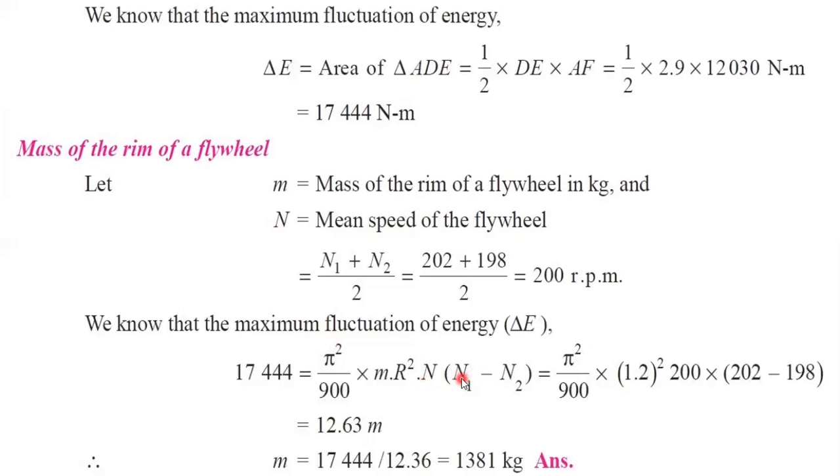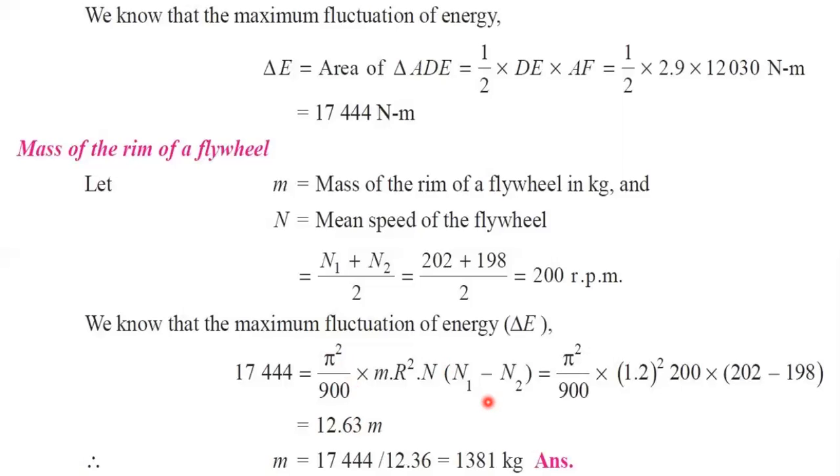Omega square is there. Try to take the N square outside. And here Cs value is nothing but N1 minus N2 divided by N. Cs we can write as N1 minus N2 divided by N into 2. Automatically this 2 and that 2 will be getting cancelled, and if you reduce, in this case we'll be getting pi square by 900. So don't get confused.